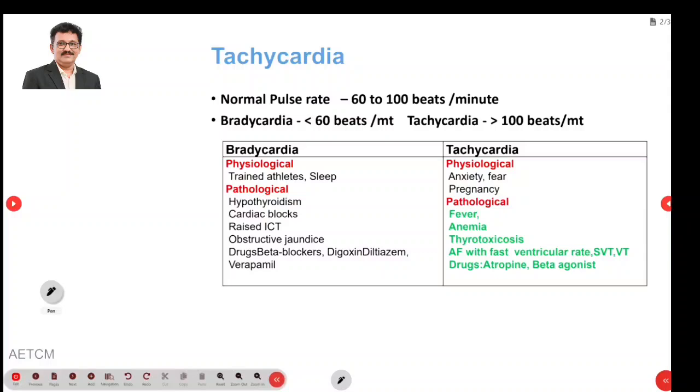So these drugs also can produce some amount of tachycardia. Many cough medications like phenylephrine, pseudoephedrine, all these things also can produce tachycardias. Bradycardia we will see afterwards. There are multiple reasons for that.